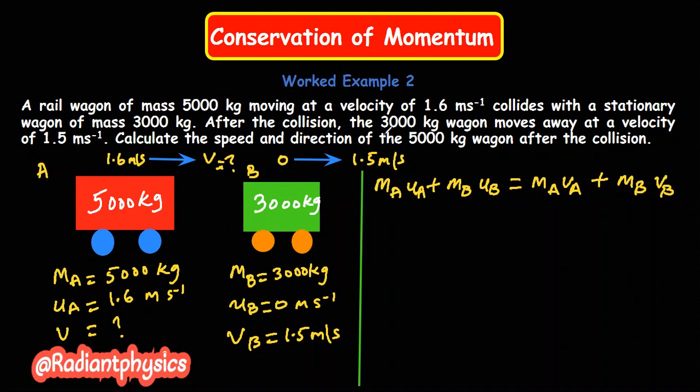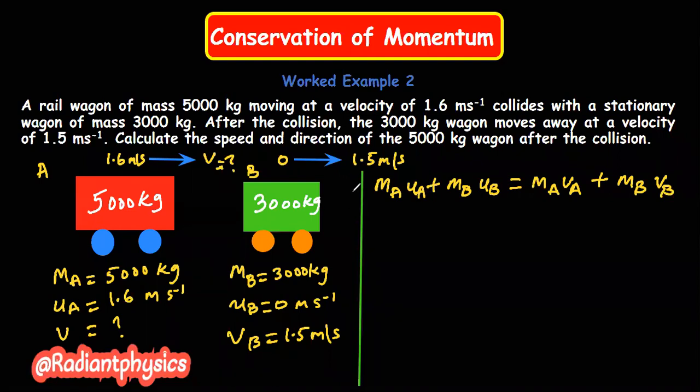When you look at this question, there is no coupling. The two rail wagons did not couple together, there is no sticking together. So they tend to move apart. So we are not going to apply the other equation, but we are applying this equation to solve this problem. I'm sure you understand now.